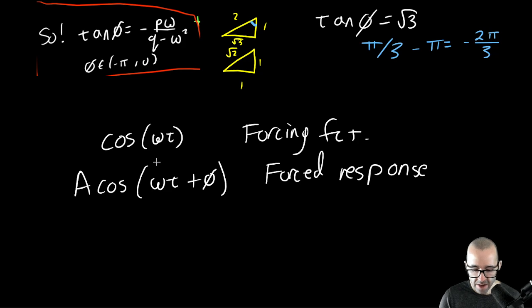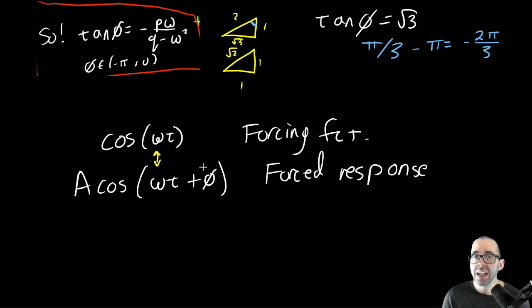And you can see that they have the same frequency. Think of the oscillations of you shifting a table, or maybe if you had harmonic oscillation from an earthquake or something like that. The external force has some frequency, and that will always be the same as the forced response frequency.